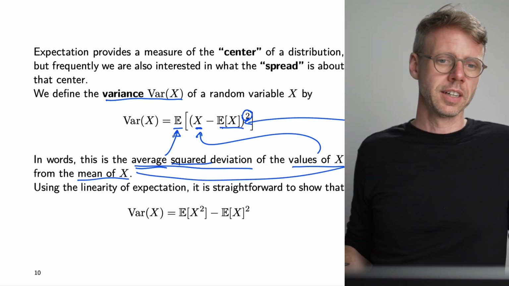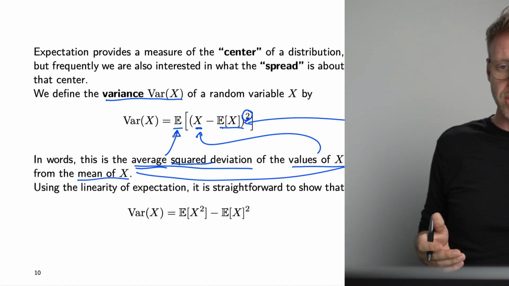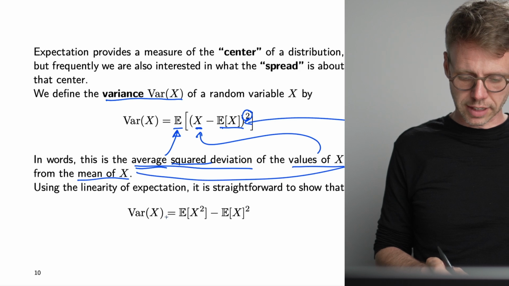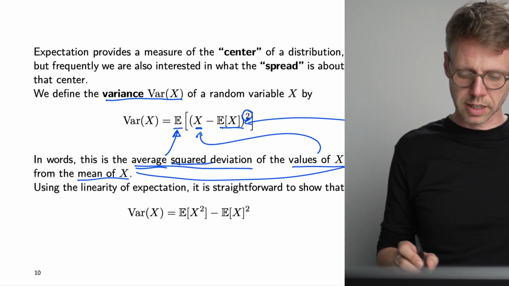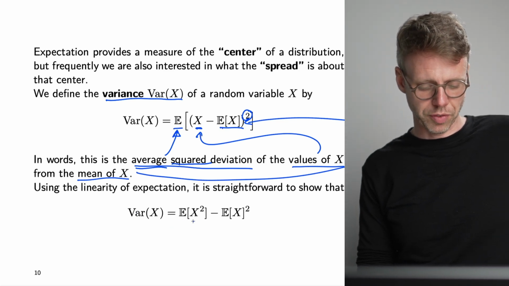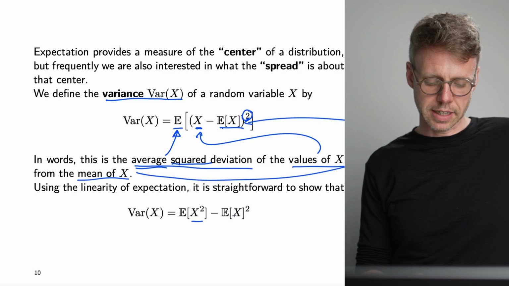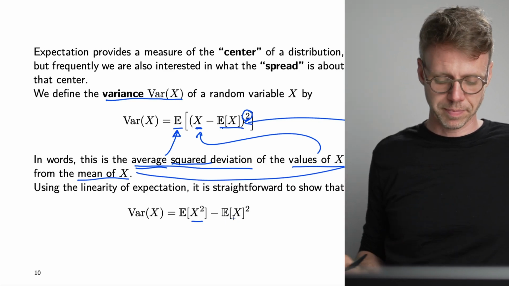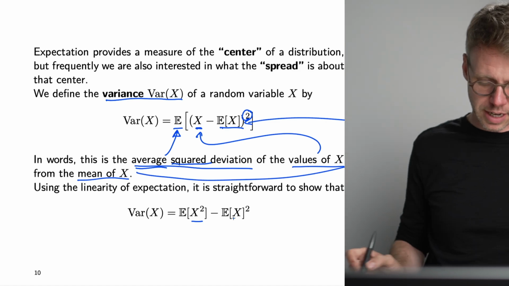Now, using linearity of the expectation, it is straightforward to show that the variance of x, the expected squared deviation, is equal to the expected value of x squared minus the expected value of x, then squared. We can briefly derive that.